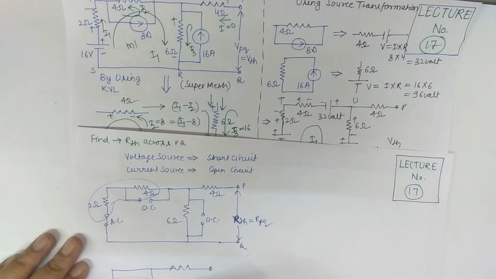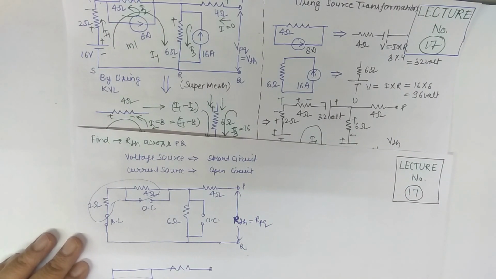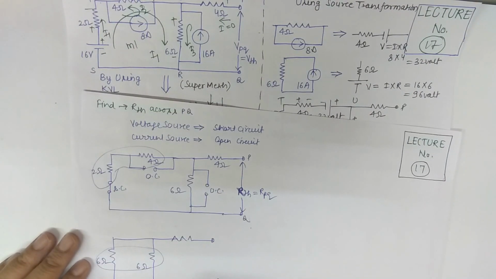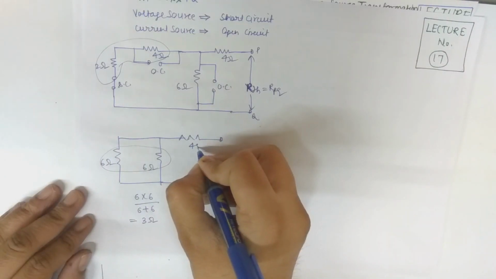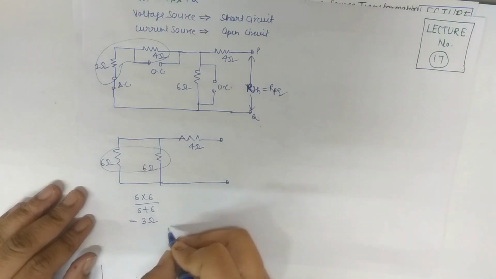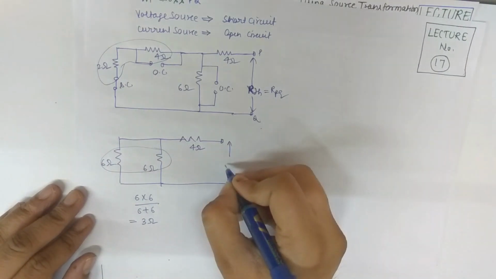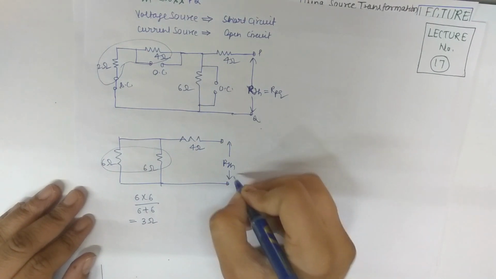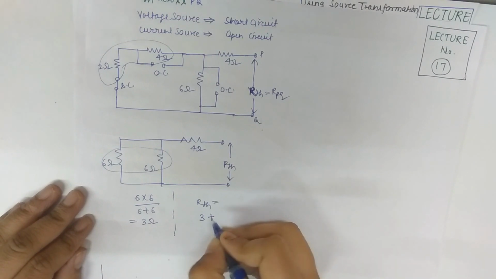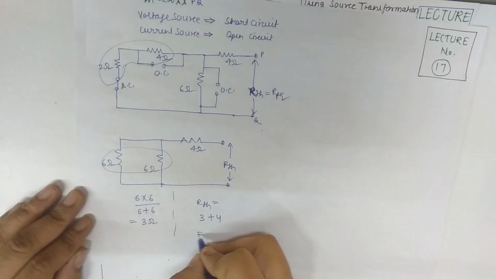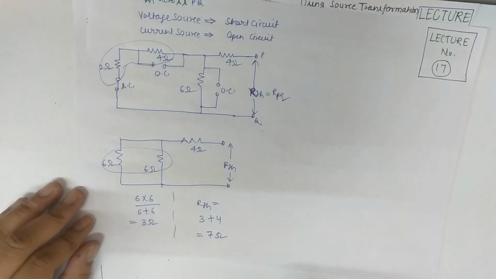So these two resistance now in parallel. So this is 6 into 6 upon 6 plus 6. So it is 3 ohm. Now this is 4 ohm resistance. So this 3 ohm and 4 ohm are connected in series for RTH. So RTH, it is 3 and this 4 ohm resistance are in series. So it would be 7 ohm is RTH.